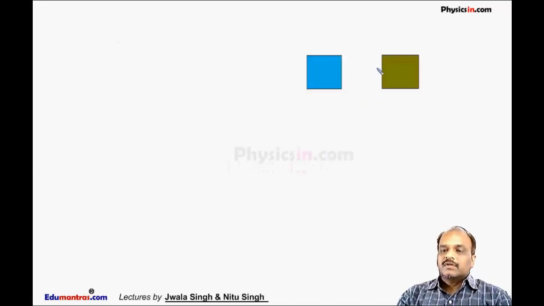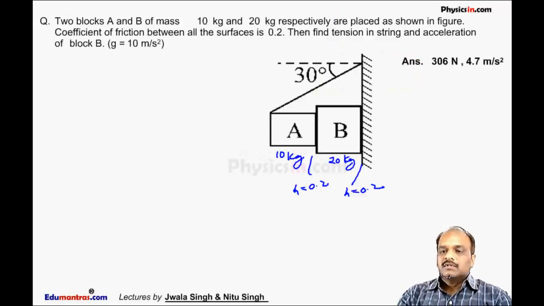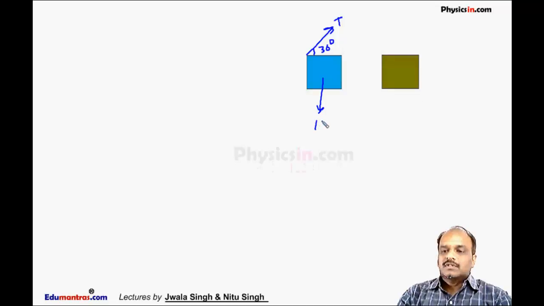To calculate the tension, we know this is the string. This angle is 30 degree. These are the weights, 10 and 20 kg. It is 10 kg, so 100 Newton. The normal reaction here is N1, and here the normal reaction is also N1.